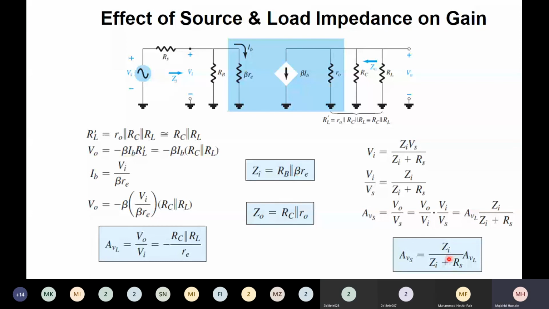So the overall voltage gain will always be less than the loaded voltage gain. Mathematically, we can see that this equation shows the left side is always less than the right side.